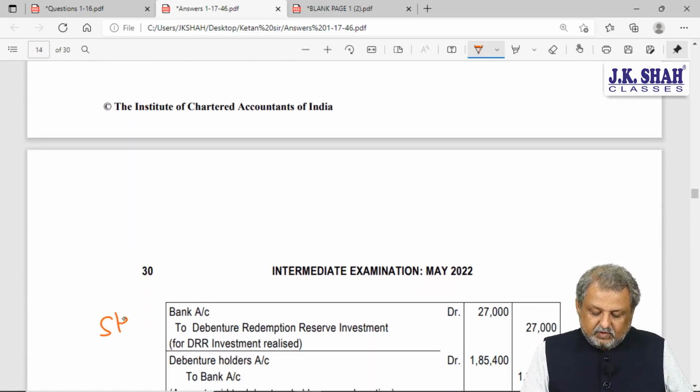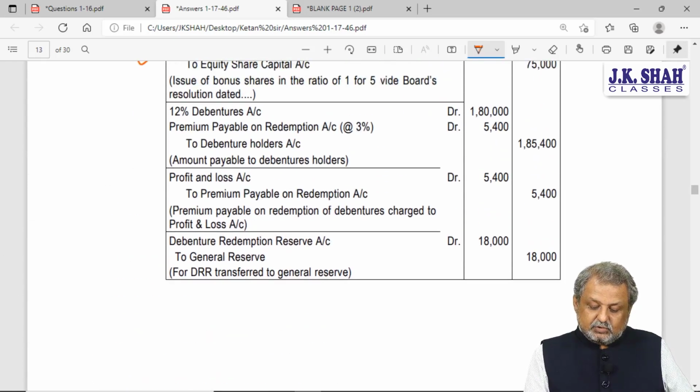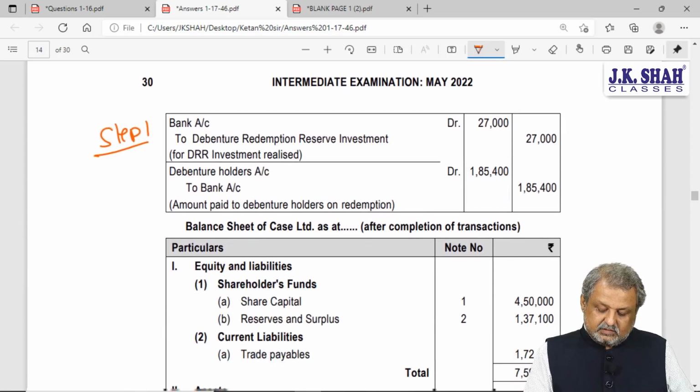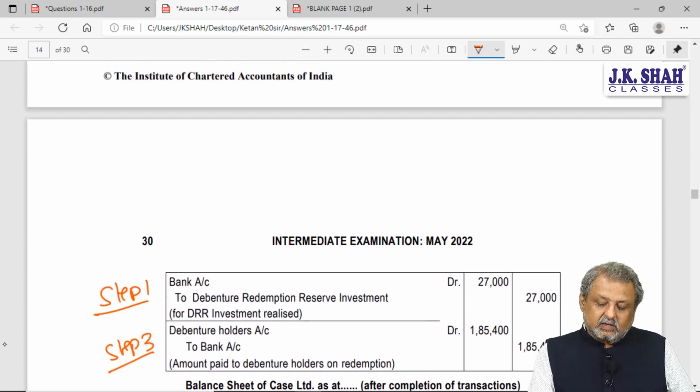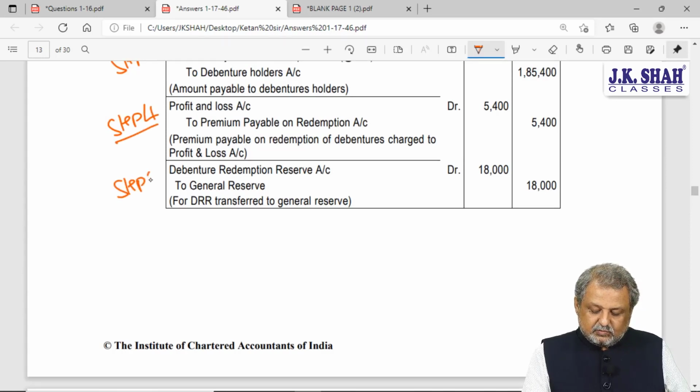This is step 1. Then redemption due, step 2. Then payment, step 3. Then writing off premium on redemption, step 4, and transfer debenture redemption reserve, step 5.